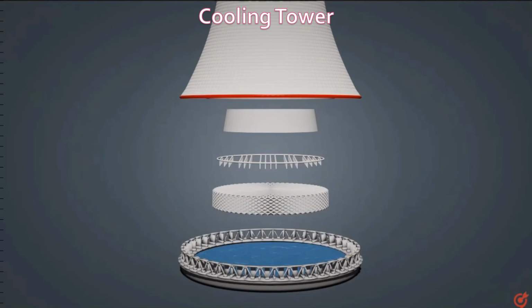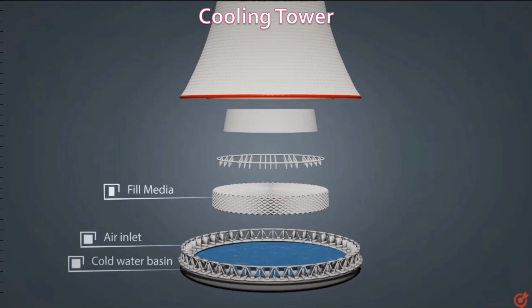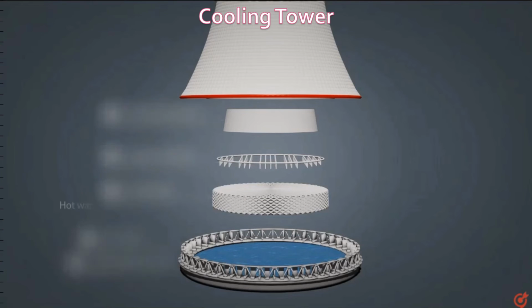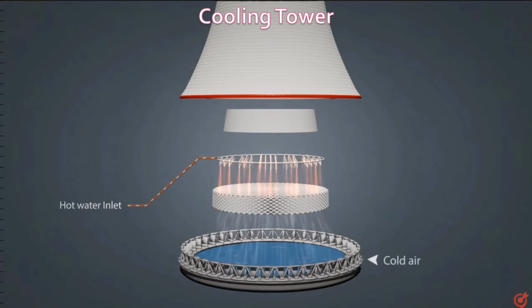We have the cold water basin, air inlet where cold air will come through, fill media, and then we have spray nozzle. So that hot water, after being used to condense the steam, will be sprayed into the water basin, and it will also be mixed with the cold air.